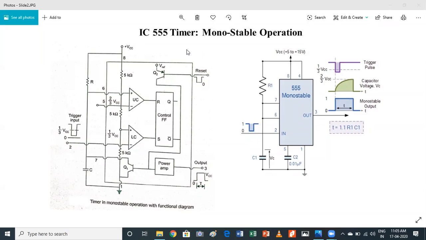The monostable mode has one stable state and one unstable state, or it is called quasi-stable state. So this circuit has one stable state and another quasi-stable state.